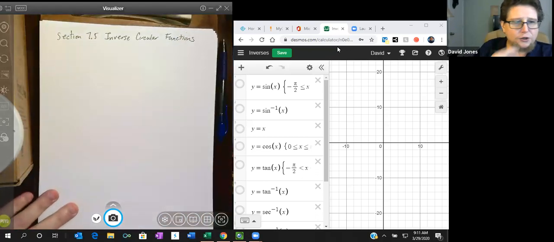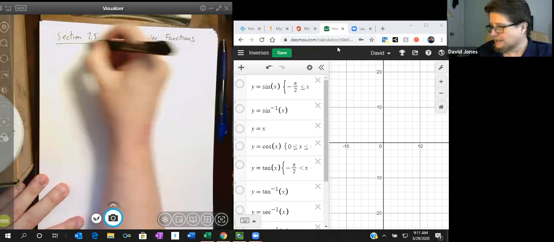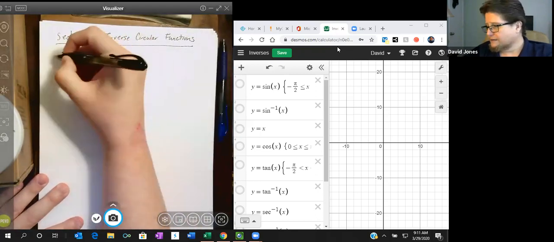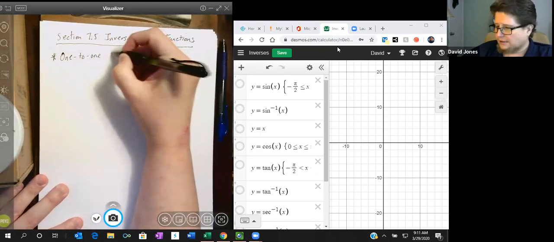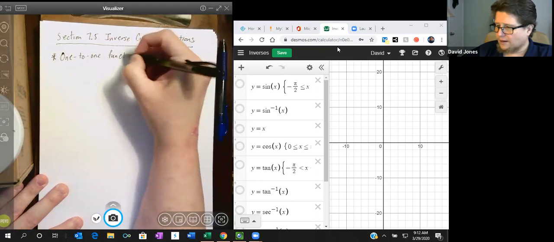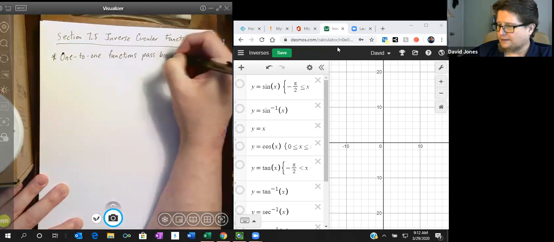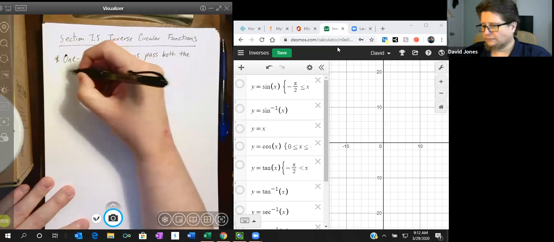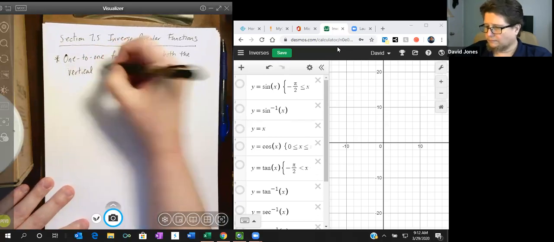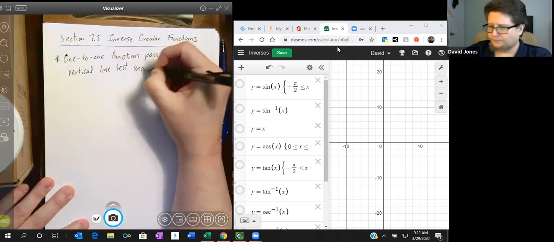I wanted to remind you how inverse functions work. Inverse functions, they are one-to-one functions. One-to-one functions pass both the vertical line test and the horizontal line test.